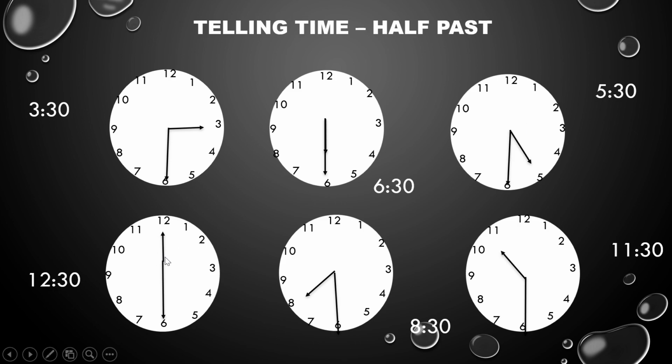What about this? 12:30. It is also called half past 12. What about this? 8:30. It is called half past 8. What about this? 11:30. It is also called half past 11.